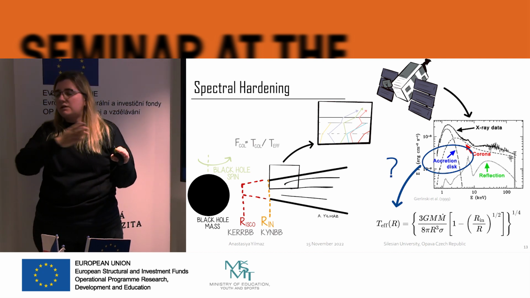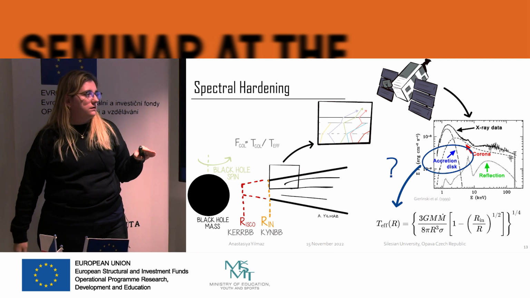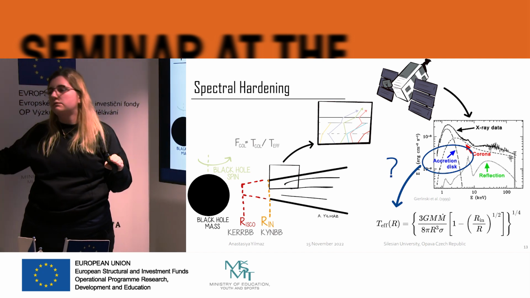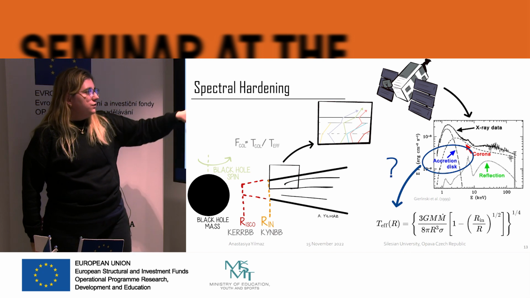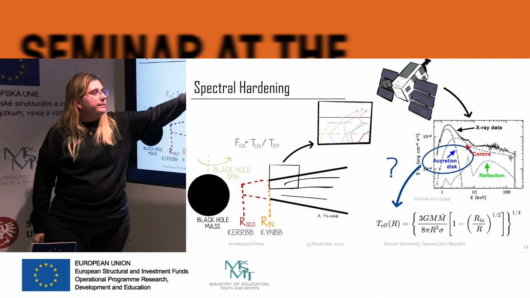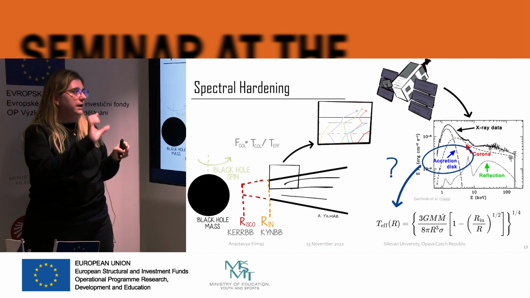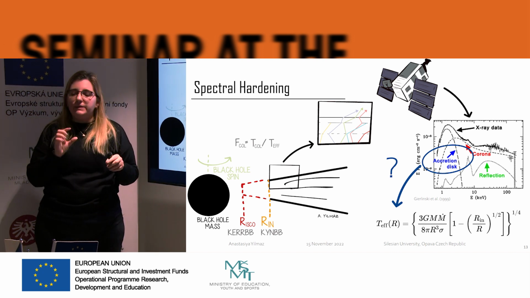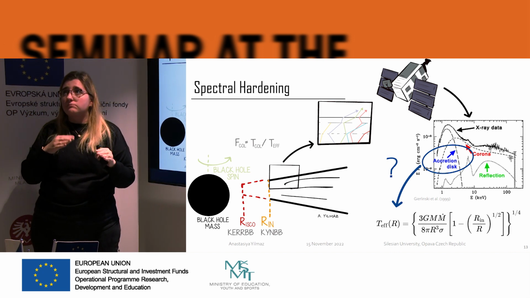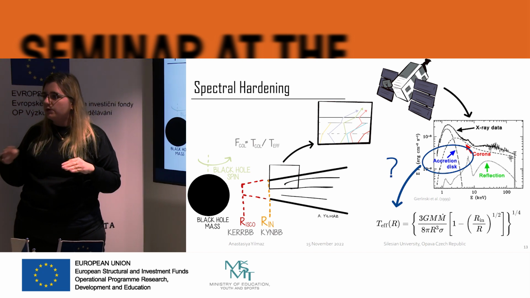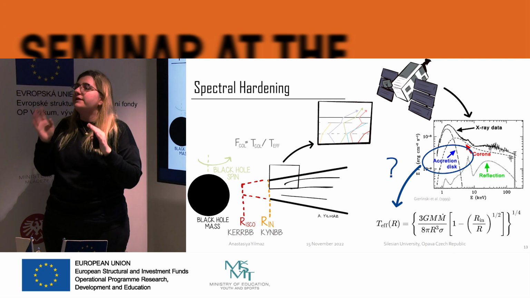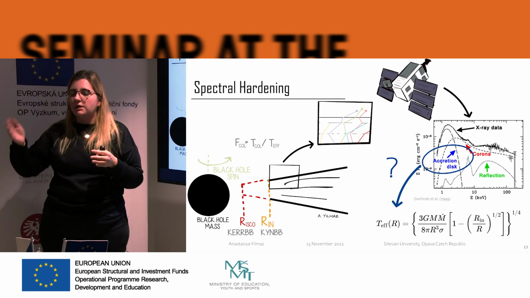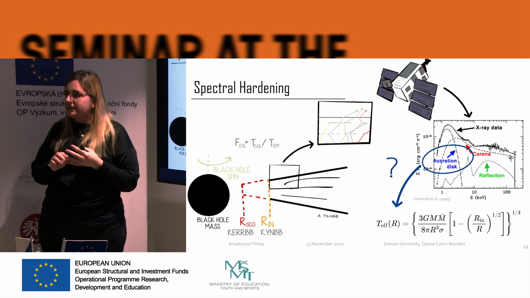So it's like summing perfect black body emissions at different radii. But this is not the case. You have a lot of upscatterings happening in the accretion disk atmosphere, which happens to start to dominate over any of the observed processes when your effective accretion disk temperature is reaching around 1 keV.